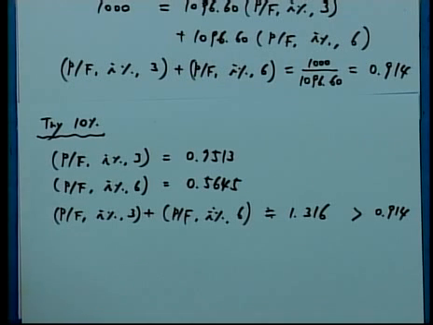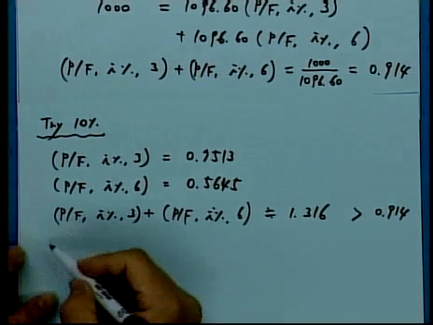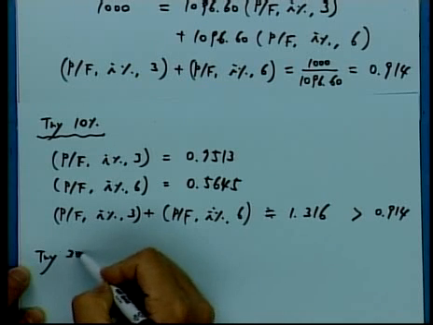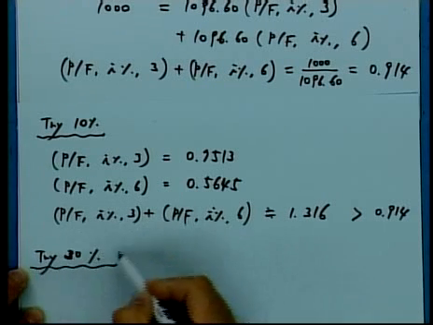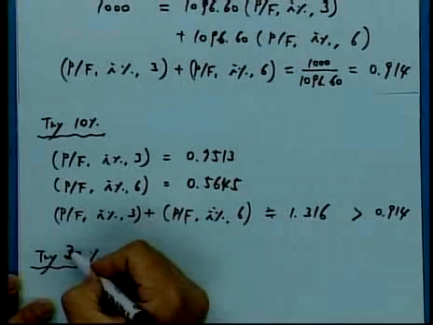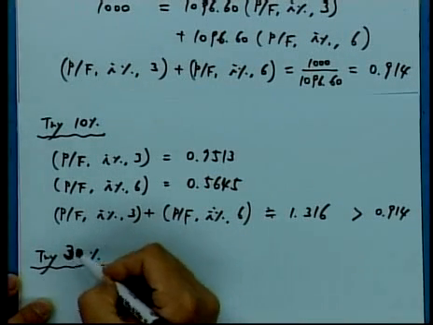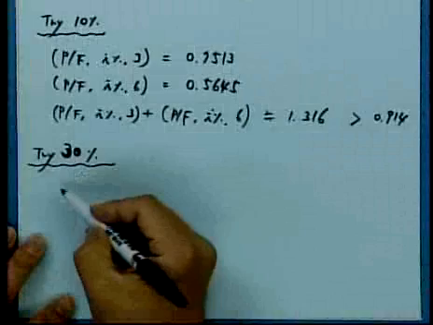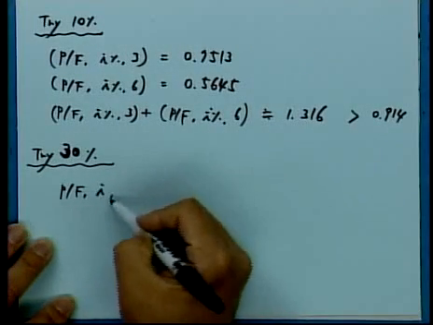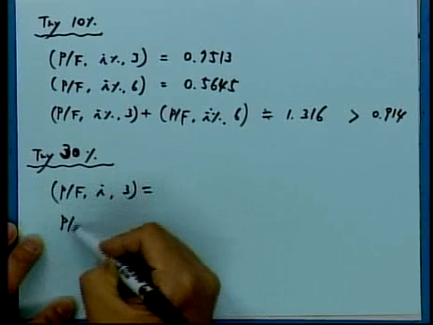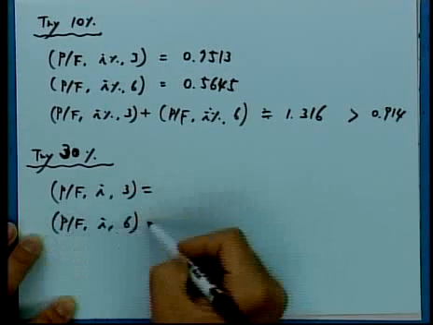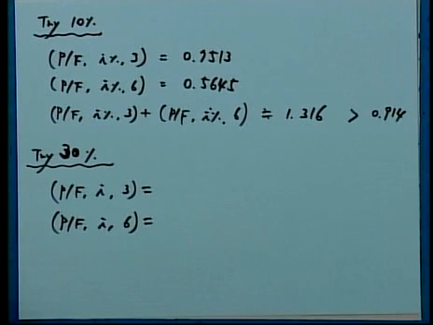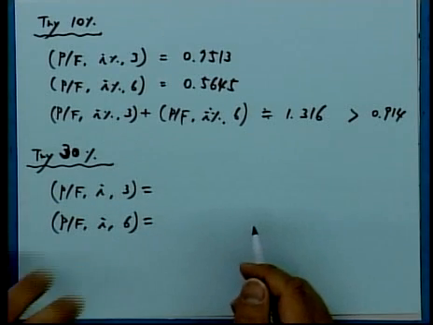So let's try about 30%. What is the value of P given F I over 3 and P given F I over 6? If it's 30%, it's going to be 0.4552.